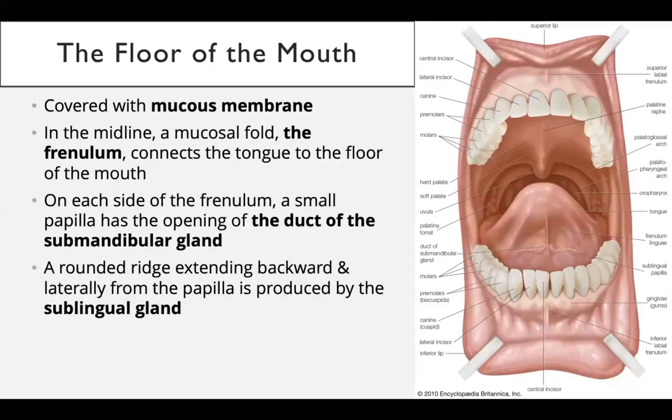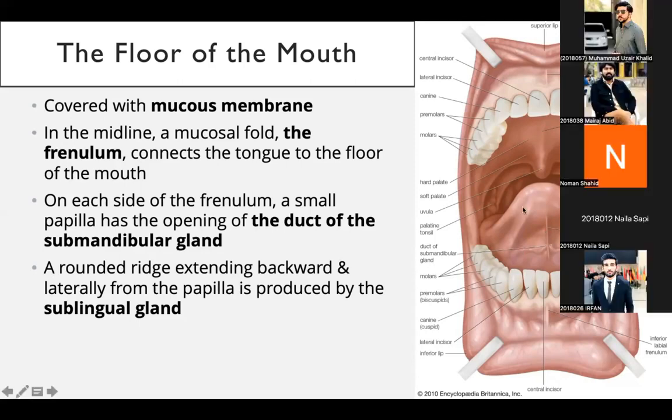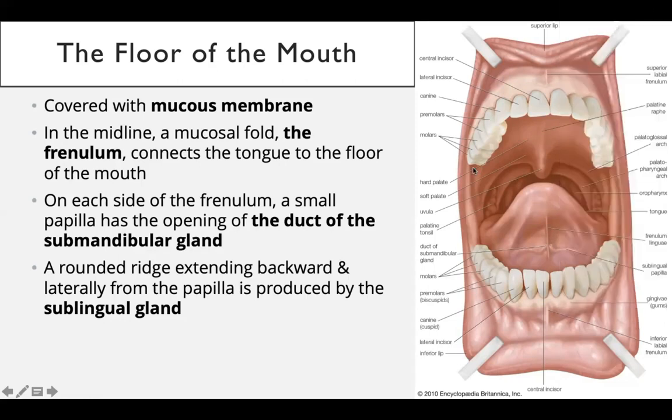Okay, so again, let me repeat the last slide. The floor of the mouth is covered by mucous membrane, has the tongue, and below that there is the mylohyoid muscle. The anterior 2/3 of the tongue is present on the mylohyoid muscle itself, and the posterior 1/3, the base and the root of the tongue, is present on the pharyngeal side.